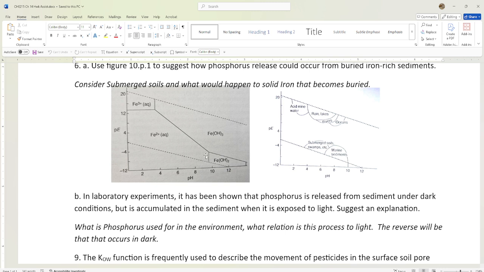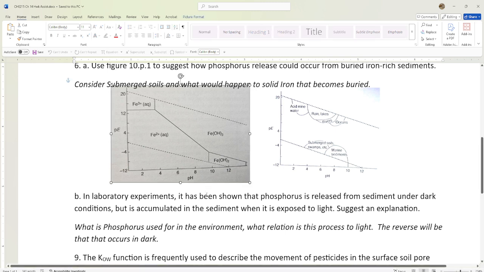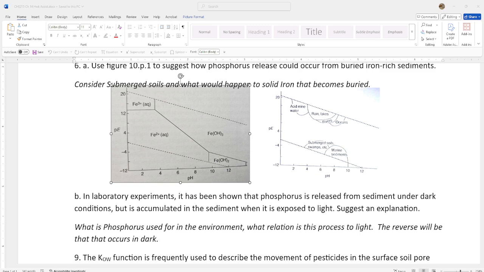Now, part B: in laboratory experiments, it has been shown that phosphorus is released from sediment under dark conditions, but accumulated in sediment when it's exposed to light. Suggest an explanation. So we've got to think about how phosphorus is used in the environment and what relation this process has to light. And think about how the reverse of this process would occur in the dark. This one's a lot harder of a thinking.